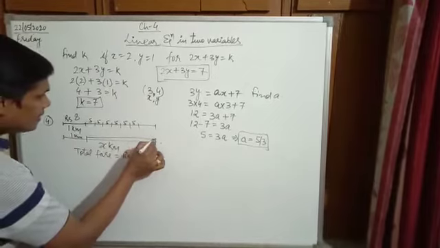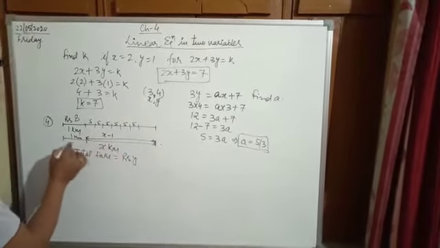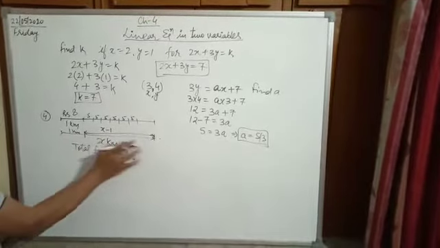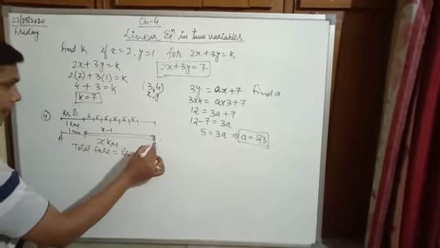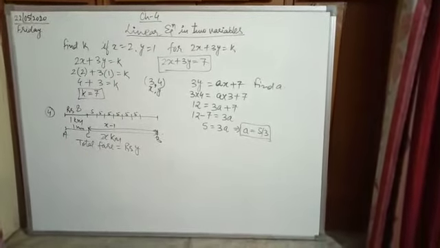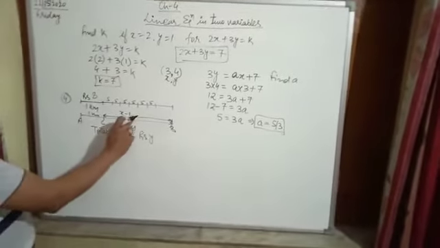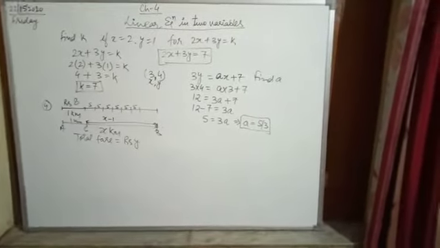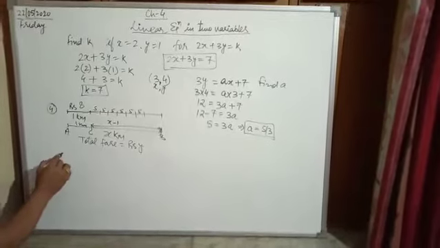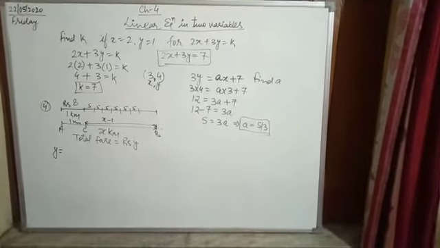The remaining distance is x minus 1 kilometers, because the total distance from A to B is x kilometers, but the distance AC is 1 kilometer. The total fare I have paid is y rupees.